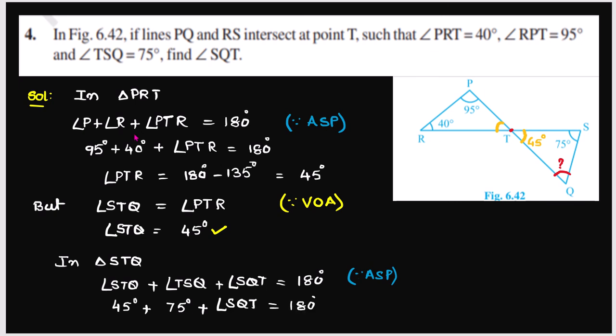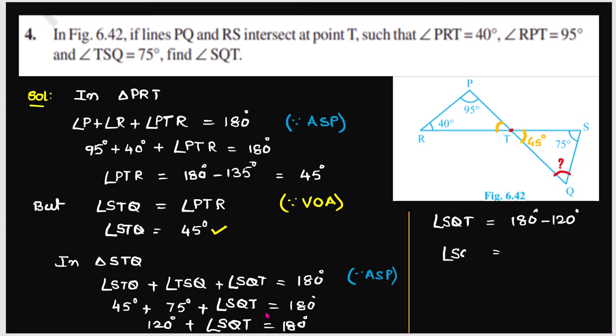Therefore from this we can write 120 plus SQT equals 180. Therefore angle SQT equals 180 minus 120, that is angle SQT equals 60 degrees. So this is the approach, children, to solve the problem. We got angle SQT equals 60 degrees.